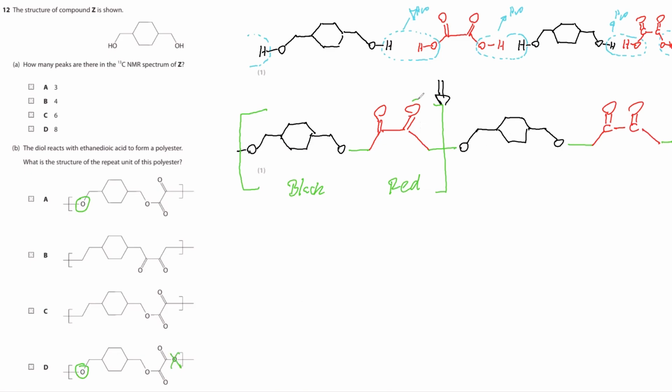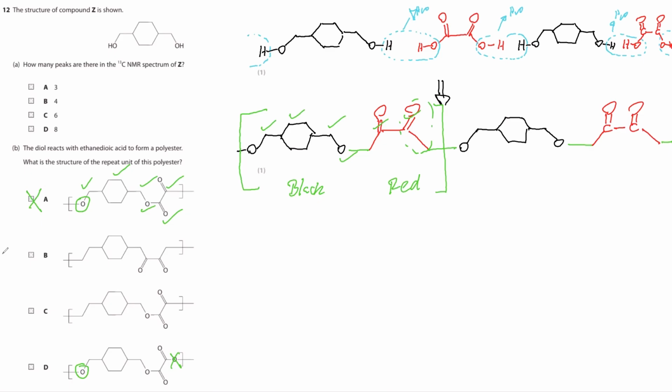That's wrong because it should end with this carbonyl group. So here oxygen atom starts. This group is there, fine. Ring structure is there, fine. Oxygen atom is there. Carbonyl group is there. The second carbonyl group is there. End of the repeating unit. So therefore my answer for question number 12 part B is A.